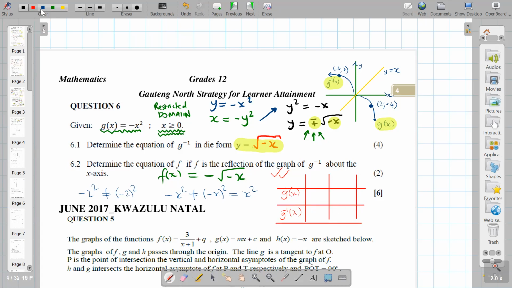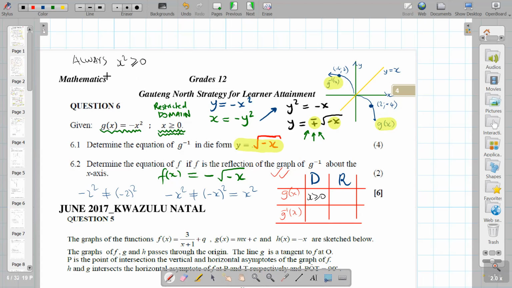The first one I will write is domain, so that's D, and then the second one will be range. So what will be the domain of G of X? That's the restricted domain. Okay, X is more than or equal to 0. And for the range values, because X squared is always positive, negative X squared is always negative then. So X squared of anything is more than or equal to 0, always.